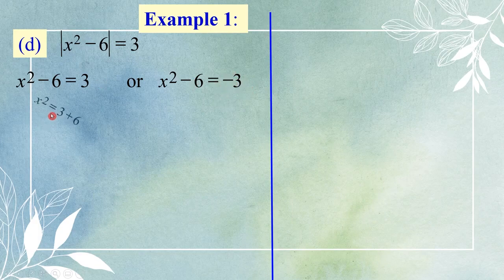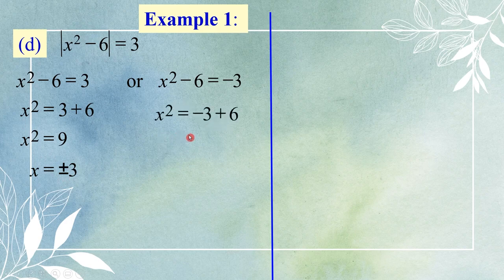We will solve the first part. So negative 6 bring to the right will give us 3 plus 6 is 9. Bear in mind it is x squared, therefore it will give us two answers, which is x equals positive and negative 3. On the right hand side, we bring negative 6 to the right, will give us 3. And again, x squared equals 3.